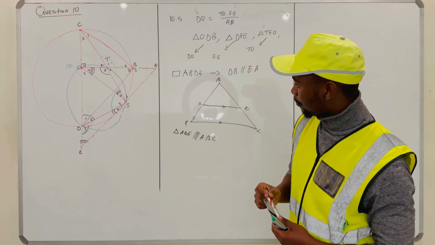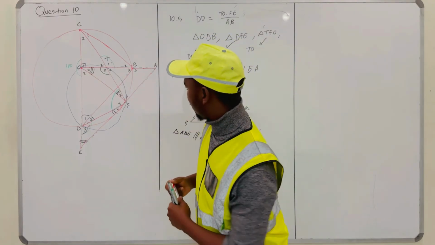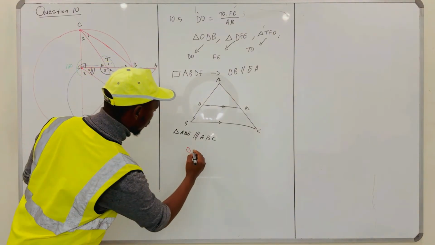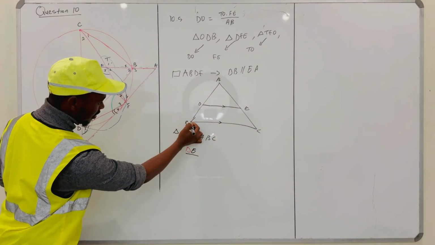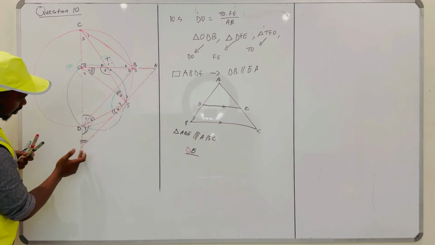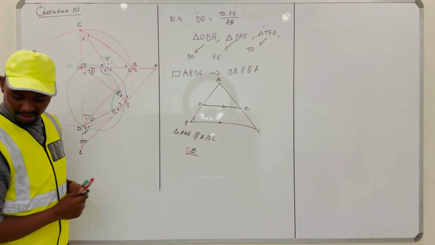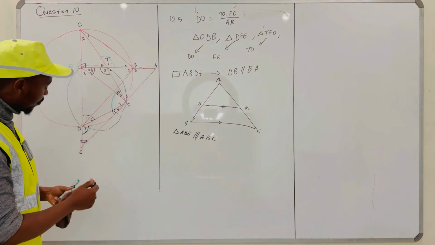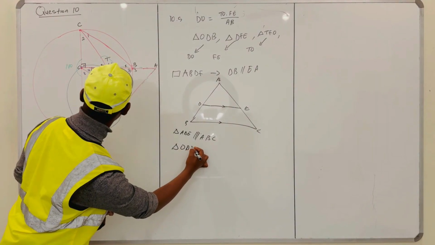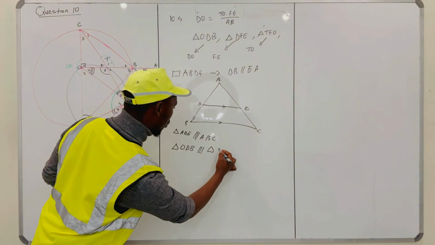We can say DE over DP, which is parallel to this one, and this is a triangle, and this is another triangle. Let me first make the conclusion: triangle ODB is similar to triangle OEA.